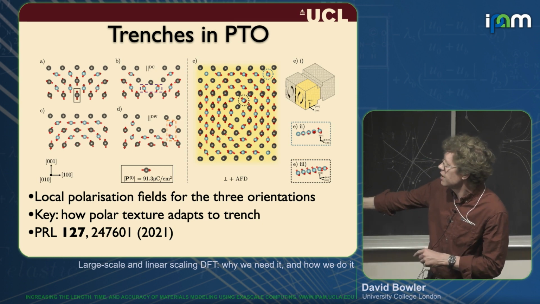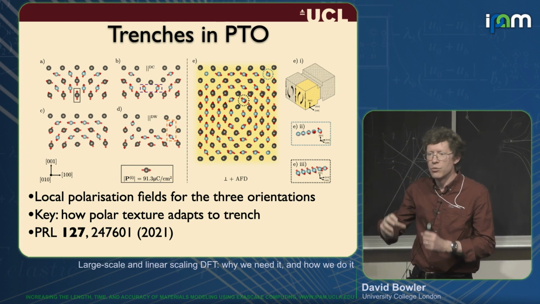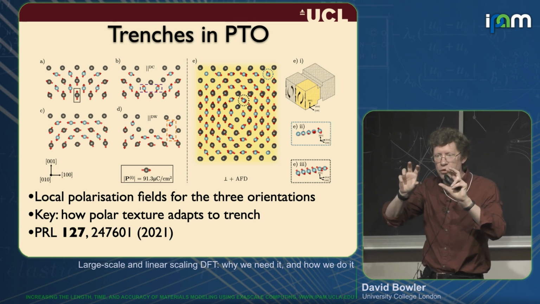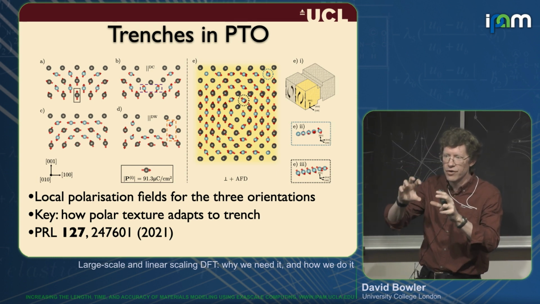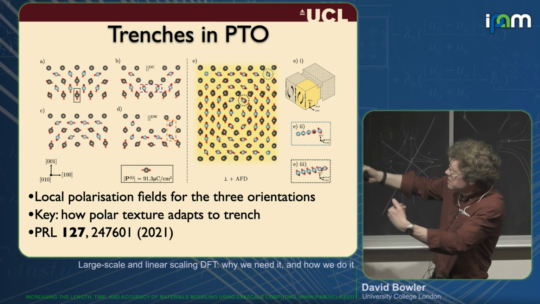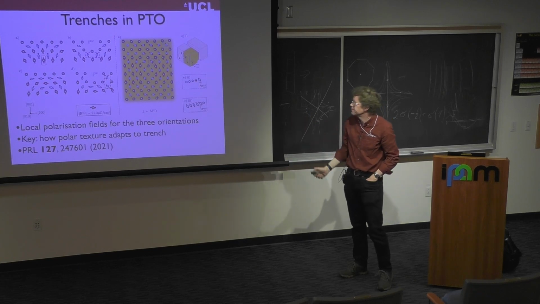Because what I haven't shown you here is that, as well as the ferroelectric distortions, we've also got TiO6 octahedra, which rotate anti-parallel in every direction. So there's a depth here going into the screen. You need to capture all of that as well.